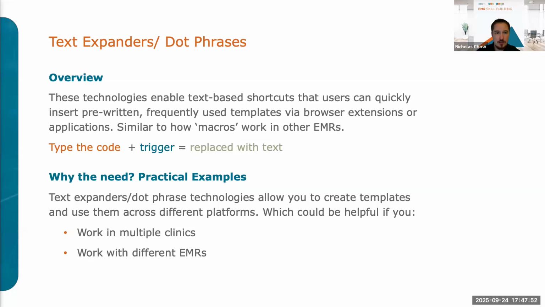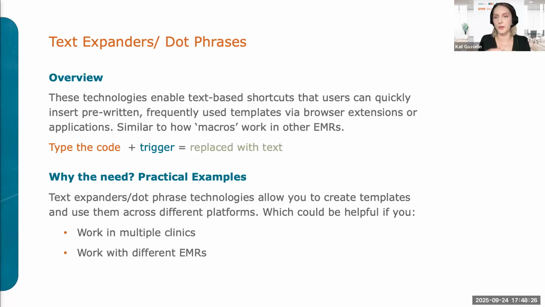So there is one quick question in here, which I think, Kat, you might be able to quickly touch upon. So the question is, are templates the closest thing to dot phrases in Oscar? Is that a very similar thing? Yeah, happy to address this question in our demo, but depending on the version of Oscar, that is correct. Templates would be the dot phrase equivalent. And like Henry said, dot phrases and text expanders are basically you creating your own templates in your own repository that goes with you.